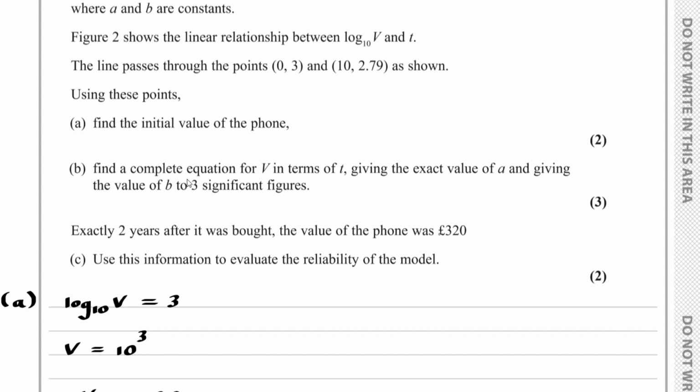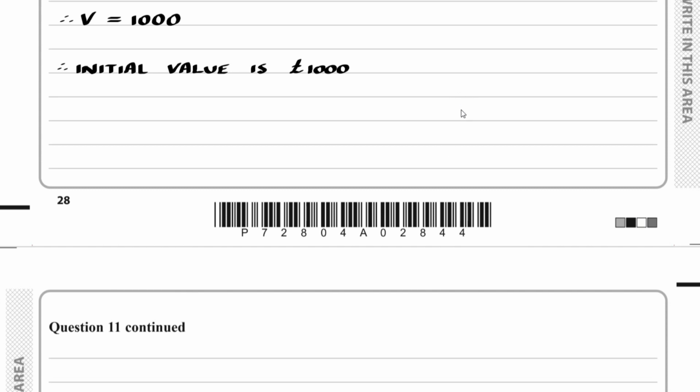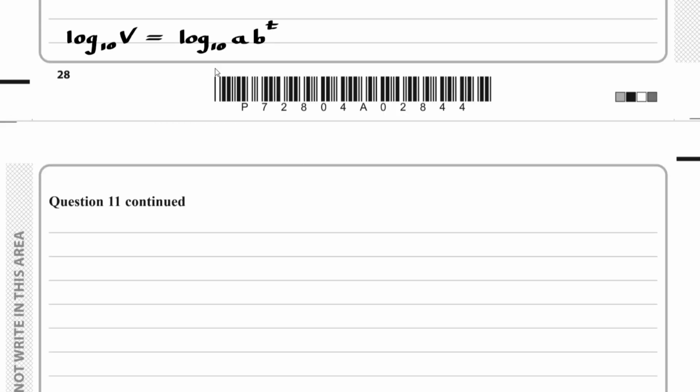Part B, we have to find a complete equation for v in terms of t, giving the exact value of a and giving the value of b to three significant figures. Part B, we begin with v equals ab to the power of t, and if we take log base 10 of both sides, we have log base 10 of v, which is equal to log base 10 of ab to the t. On the right hand side, we can split up log base 10 of ab to the t using the addition law of logs.